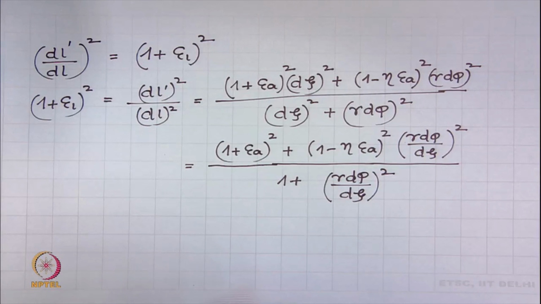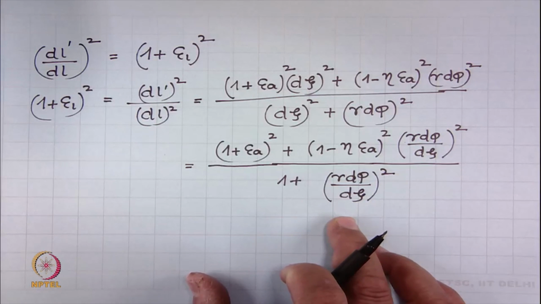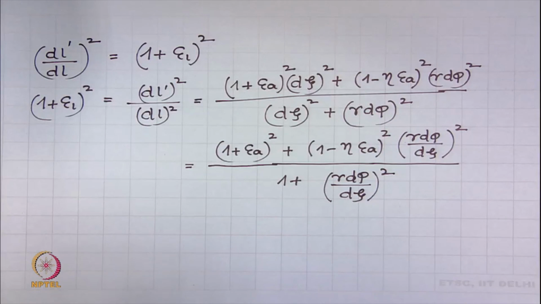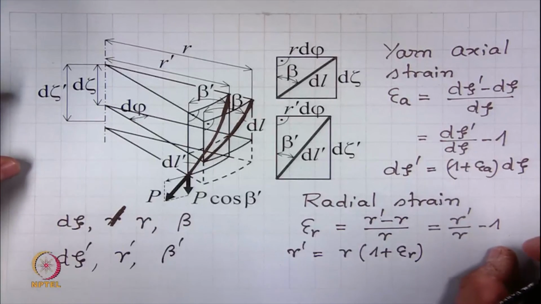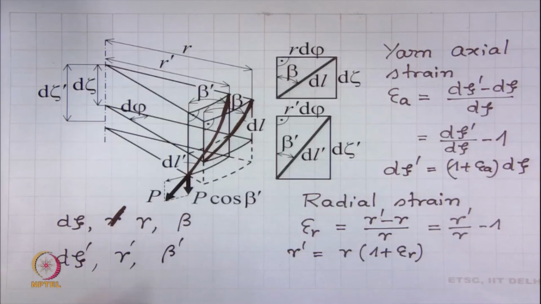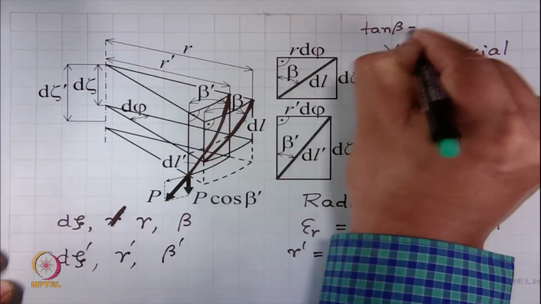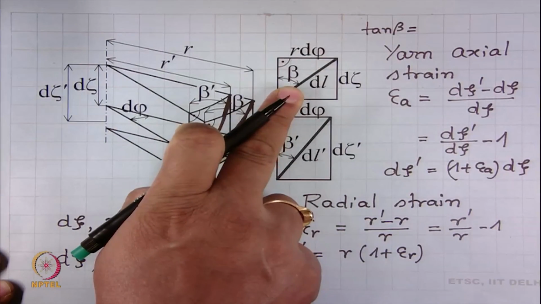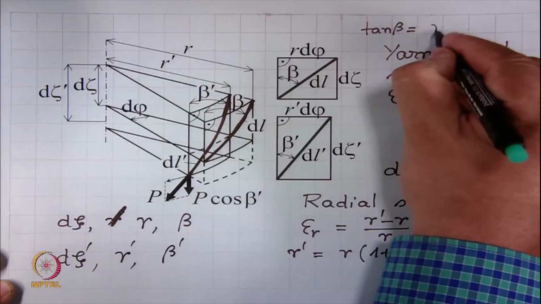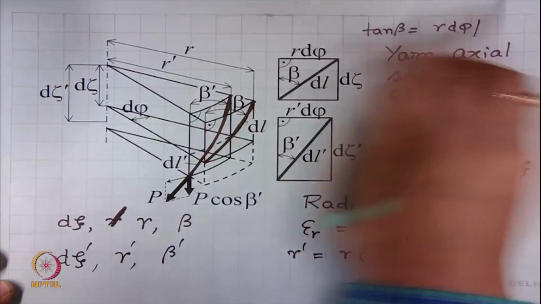What is this quantity r d phi by d zeta? We come back to our diagram. Tangent beta, tangent of this is equal to r times d phi by d zeta.